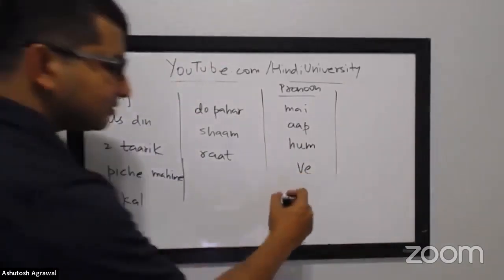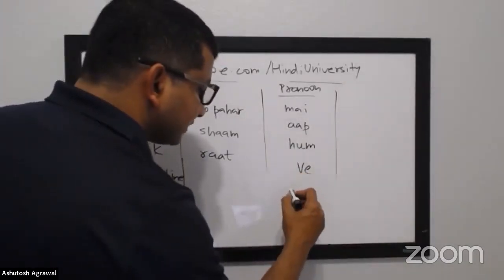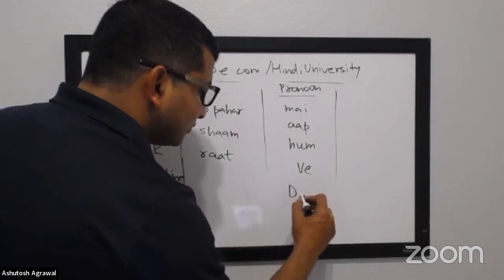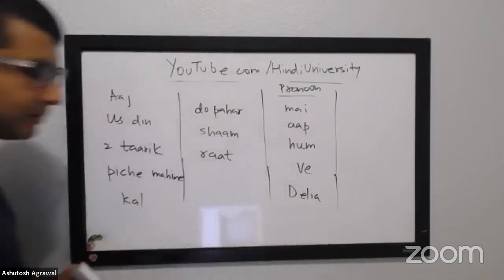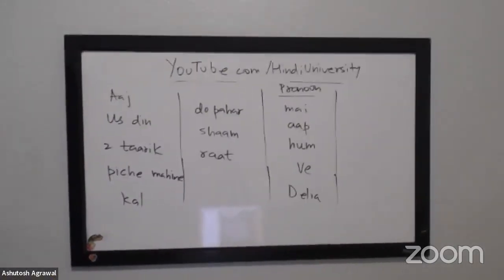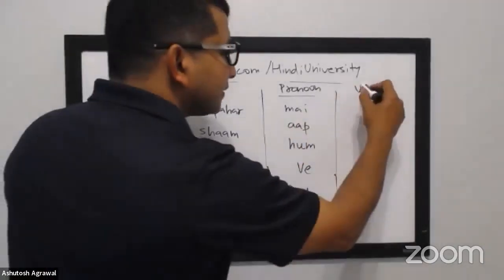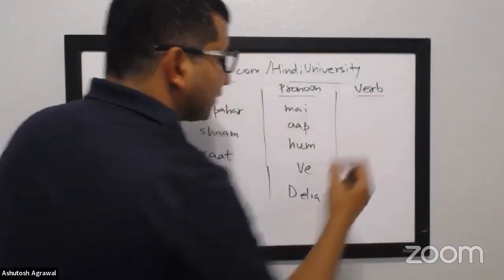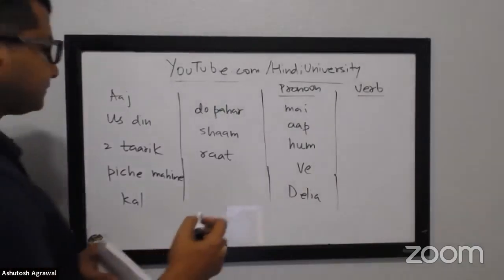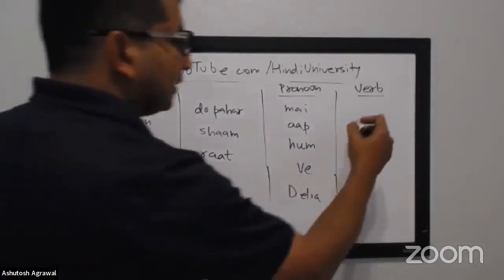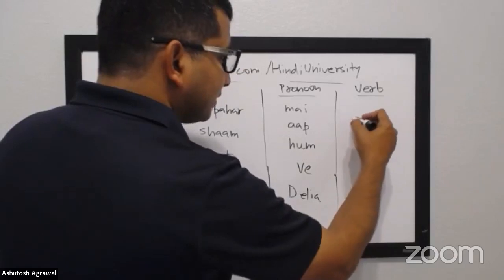Feel free, or you can use a name also. So let's say Delia. This is an example. You can change it to any other name also. And then you have a bunch of verbs here, and you can put an interrogative here.